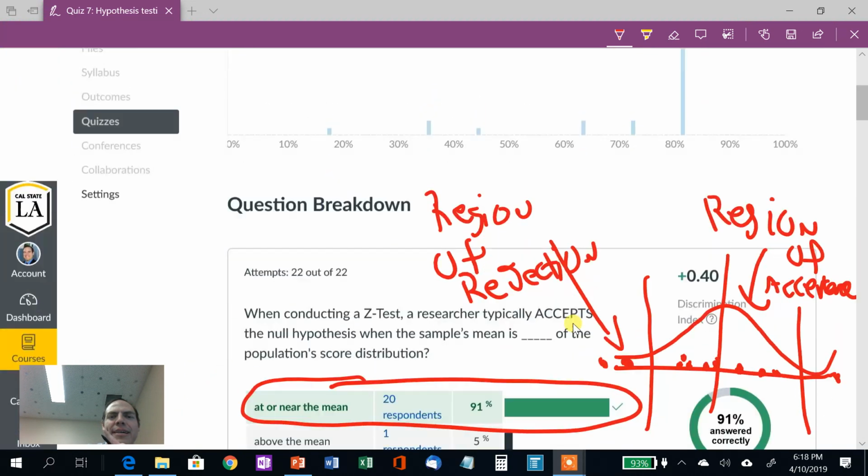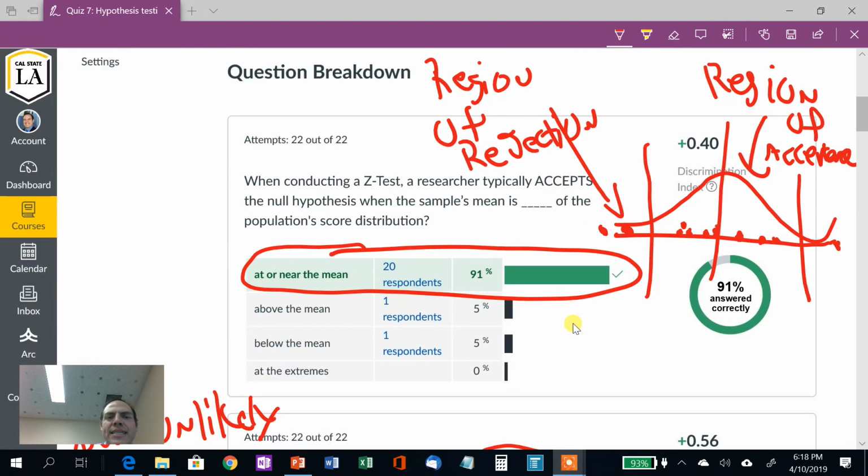Quickly review. So question number 1, basically, when conducting a z-test, I just basically said that when the sample is near the mean, this is the region of acceptance, and this is the region of rejection right here.